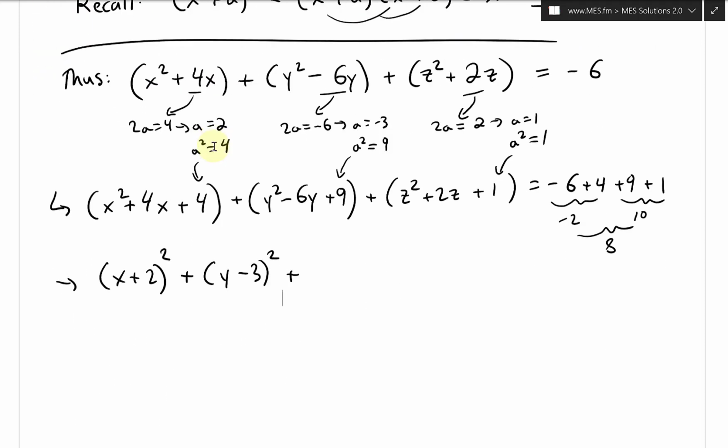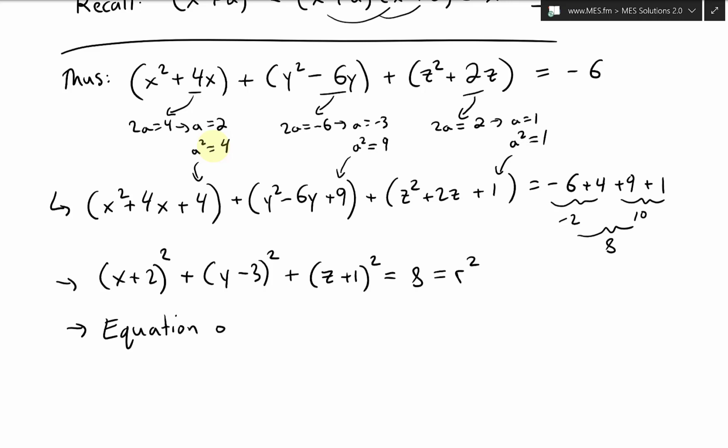So we get z plus 1 squared, and this all equals 8, like that. And remember this equals r squared. This whole thing is just an equation of a sphere.